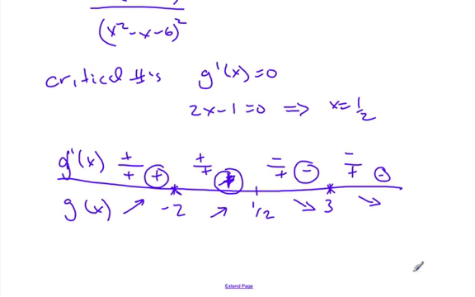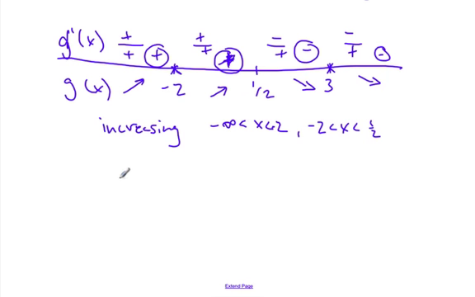So if I want to find the intervals of increasing and decreasing, the function is not defined at negative 2. So I am going to say that from negative infinity less than x less than negative 2, and negative 2 less than x less than 1/2, it's increasing, and decreasing on another interval.